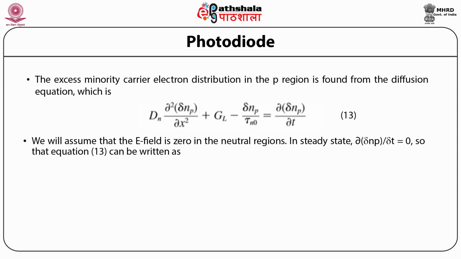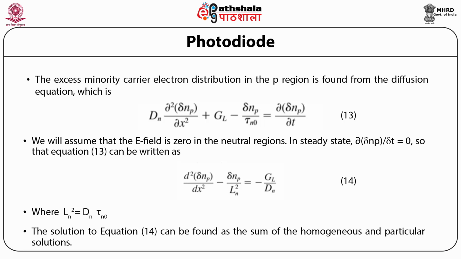So in steady state, ∂(δnp)/∂t equals 0, so that equation 13 can be written as d²(δnp)/dx² − δnp/Ln² = −GL/Dn, where Ln² equals Dn τn0.